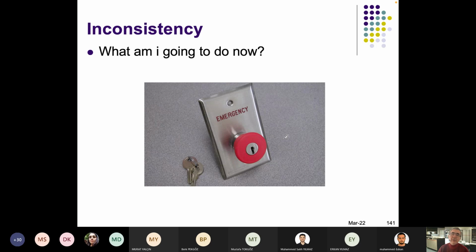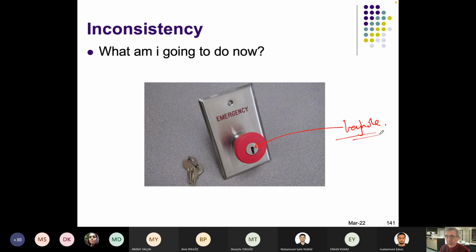For an emergency button with a lock. So if you see a keyhole, can you be sure that you can push that during the emergency?